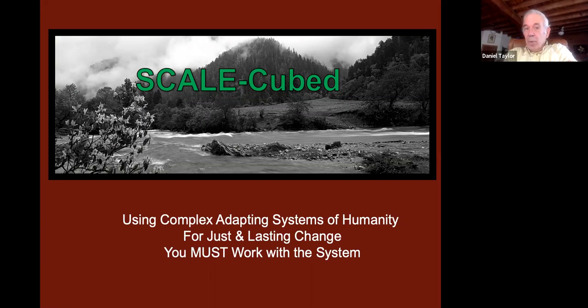But scale cubed works. And when you get the system working, you can direct the complexity for justice, for sustainability. But the key is you must work with the system.